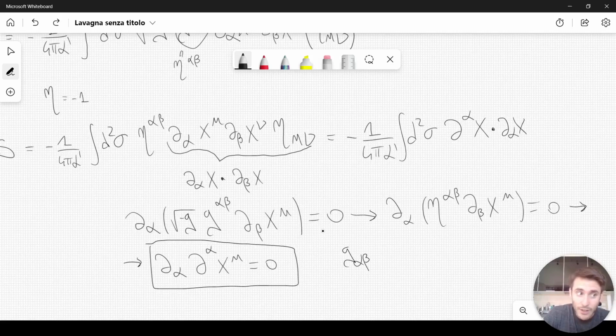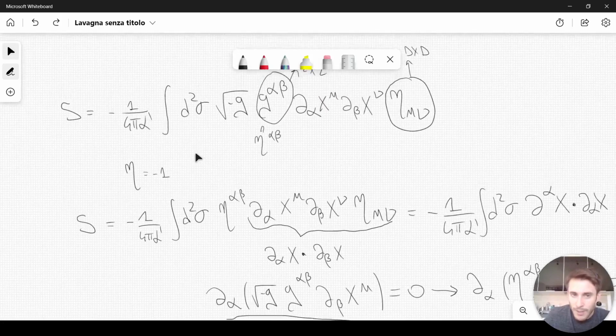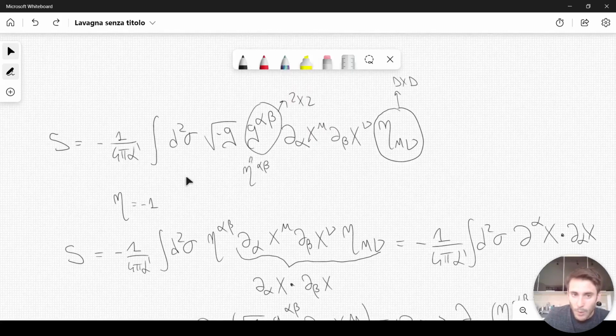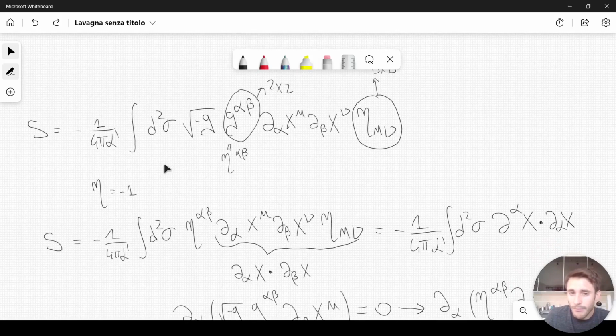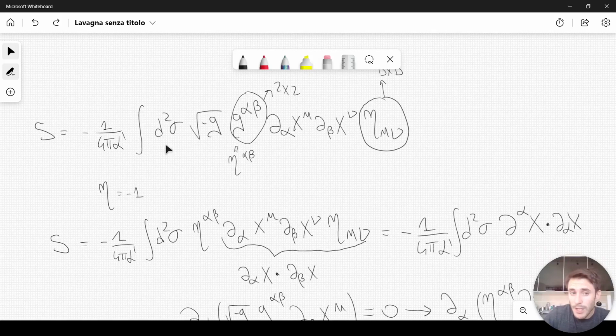And also in this case, there are some constraints. Now let's try to understand what the constraints are in this case. Well, it is just simply something that you can understand if you take the variation of this general action here. We take the variation with respect to g alpha beta.